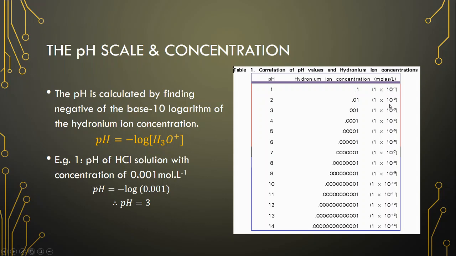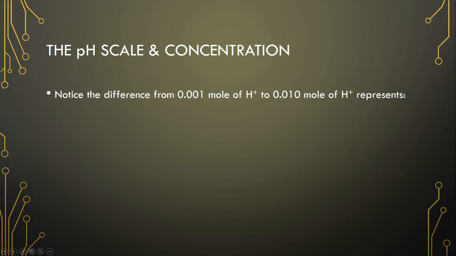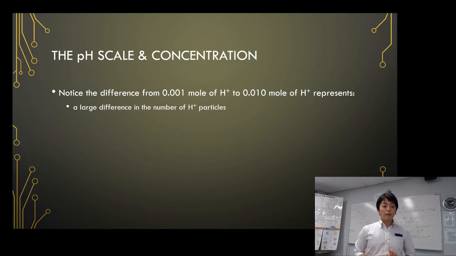If you look at the scientific notation, 10 to the power of negative 3 becomes 10 to the power of negative 4, because there's a 10 times difference between these two. That also equates to pH. So what I'm trying to say is that there's a large difference in the H plus concentration.